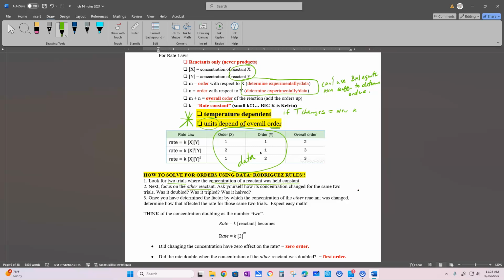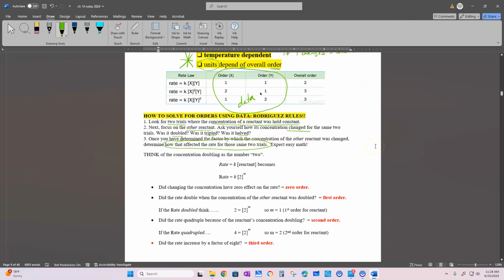The other reactant has to change. So then you look at the two and ask yourself, did it double? Did it triple? What happened to it? And then you look at the factor when it has to do with the rate. How was the rate affected? Okay, it's very easy math. I know this was very confusing, okay, but this is how you solve for it.